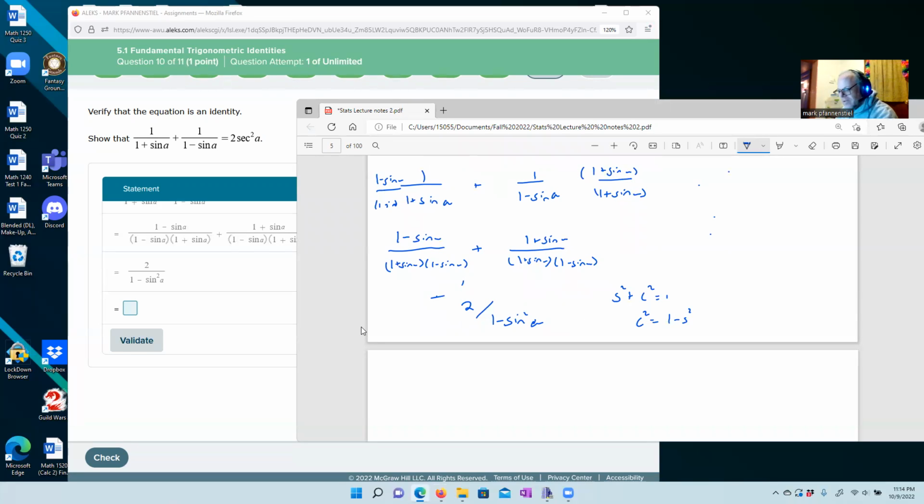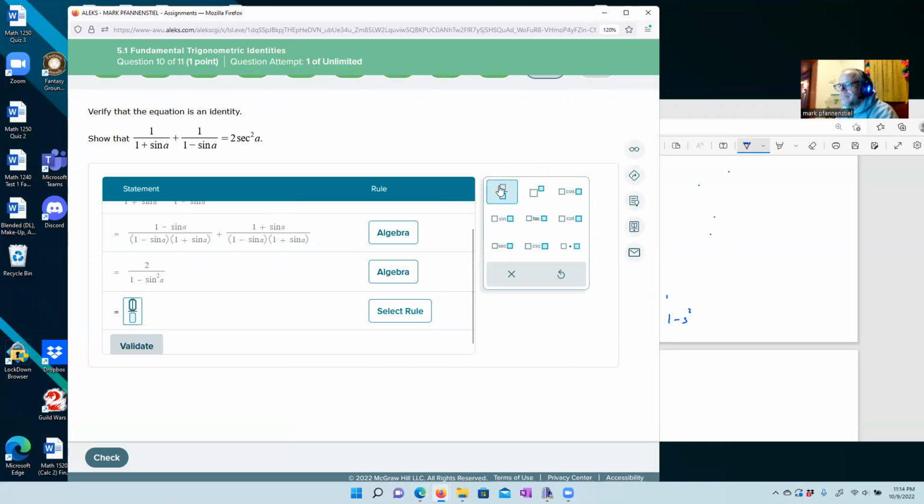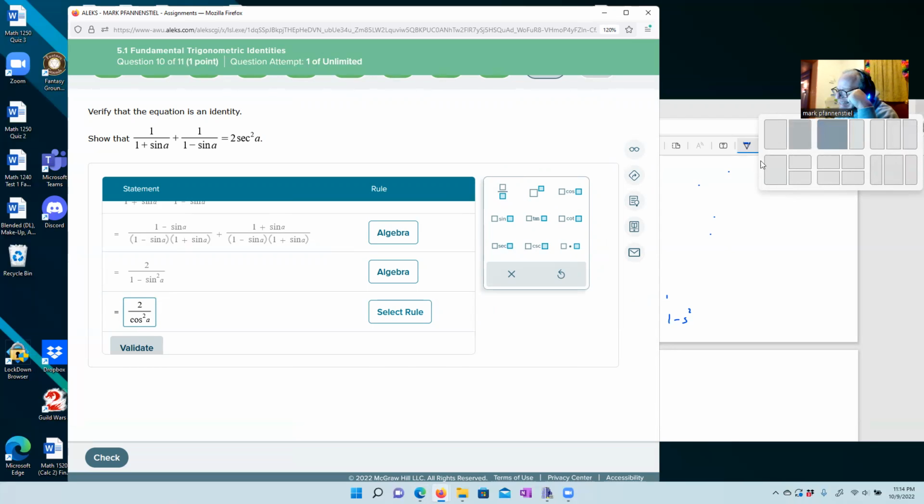So here we're going to have 2, oops, I want to go back over here. Let's put the fraction in. We want 2 over cosine squared A. All right. We'll say validate, and we'll see if we take that.